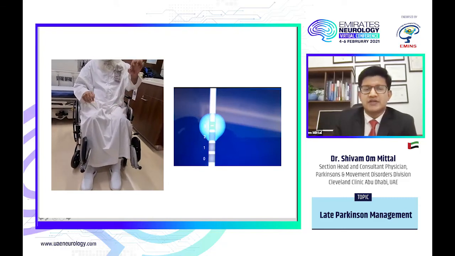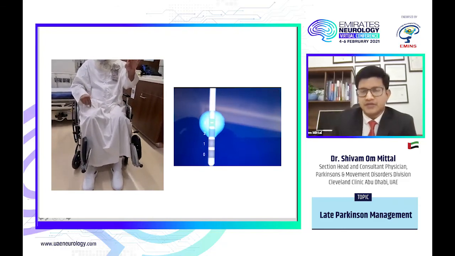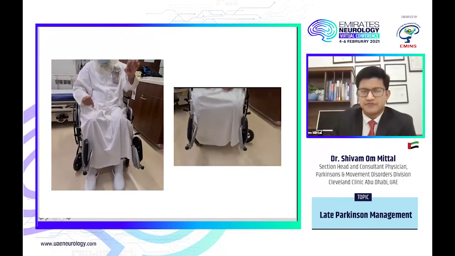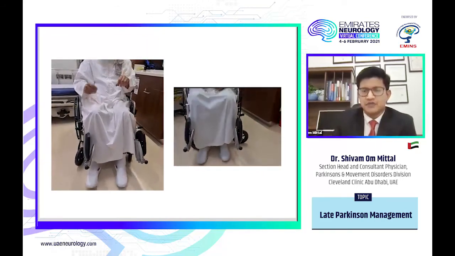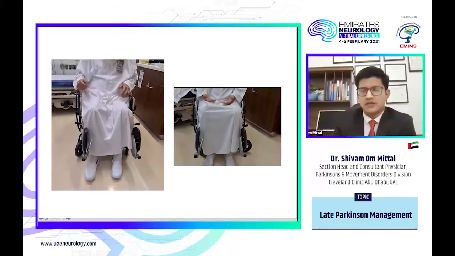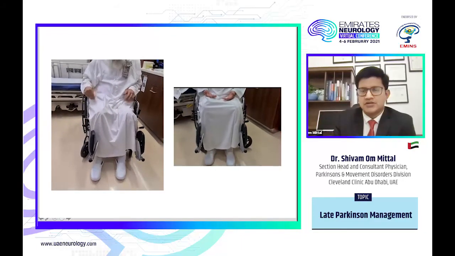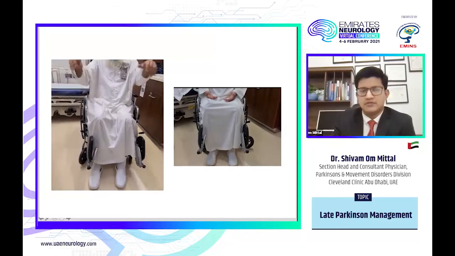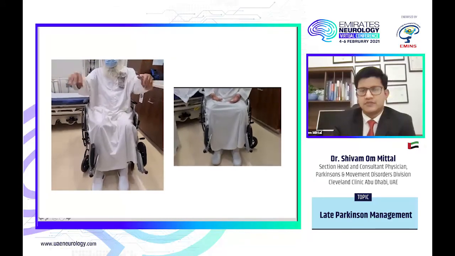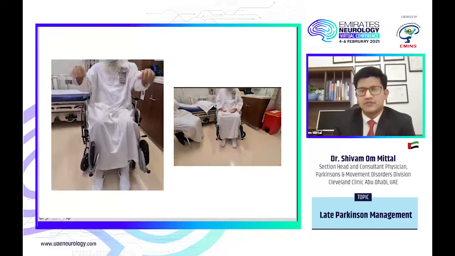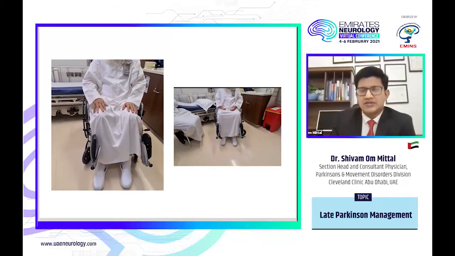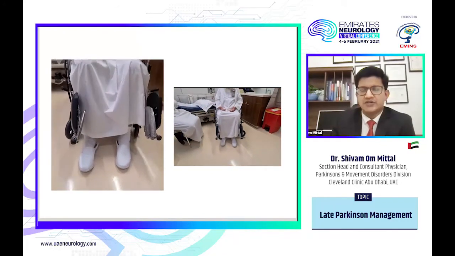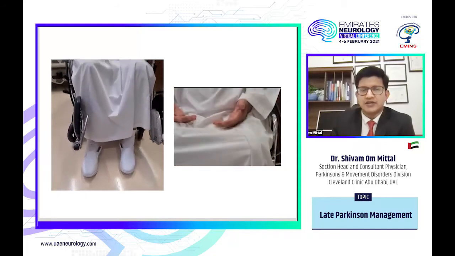Now this is after the device was switched on. Keep your feet forward. So he's counting. And you can see the tremor is very nicely controlled with the stimulation.